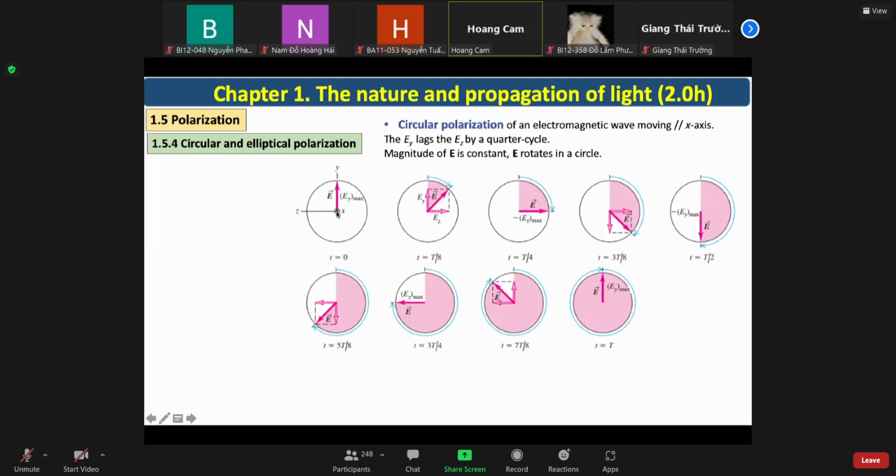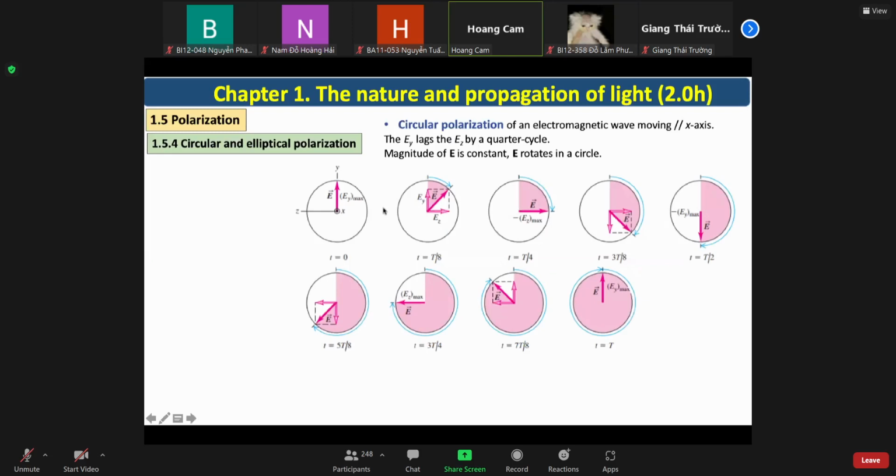If it moves parallel to the x-axis, as I said, so the propagation direction is along x, and the electric field component oscillates in the Y and Z components like this. In this case, EY and EZ lag each other by a quarter cycle, or 90 degrees, a 90 degree difference in terms of phase, or pi over 2 radians.